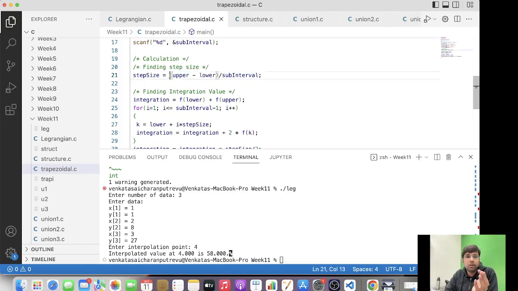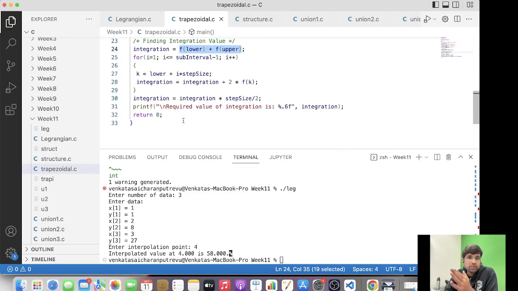This is called step size. Then we will calculate f of lower and f of upper, that means f of a plus f of b. And then this for loop will calculate the 2 into sigma of 1 to n f of a plus i h, and finally that will be added to the integration part.